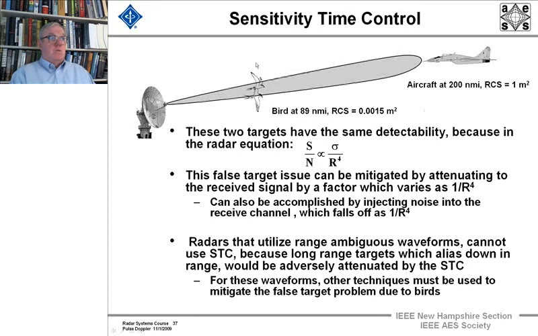So sensitivity time control is a factor that we really want to be able to use.